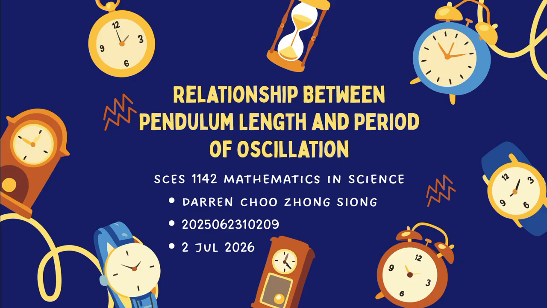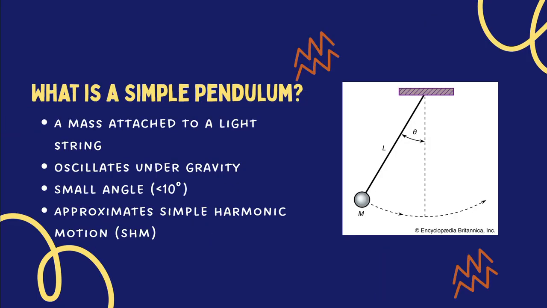Through this presentation, I will explain the theory behind the experiment, the methodology, the experimental results, and graphical analysis, and finally, my conclusions. Before discussing the experiment, let us understand what a simple pendulum is.